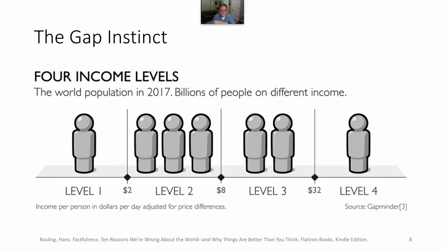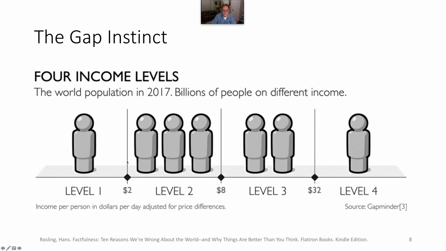And Hans came up with this concept a couple of decades ago, where instead of using just $2 a day or $1 a day, he put some dollar amounts in between that could help show the distribution of the population of the world a little bit better, and also illustrate how those at different levels are having a uniquely different life experience. And he turned out to be right. It turns out that the people in extreme poverty in level 1, yeah, they really do have it rough. It's just that there's not that many of them anymore, relatively speaking, to the overall size of the population.